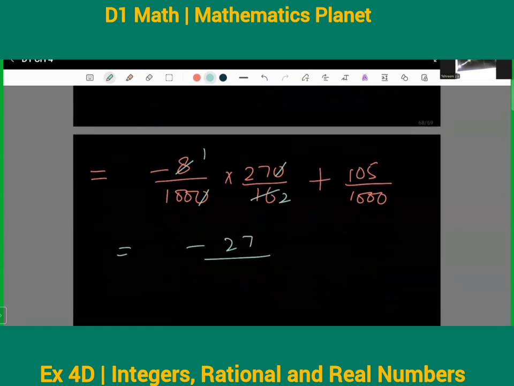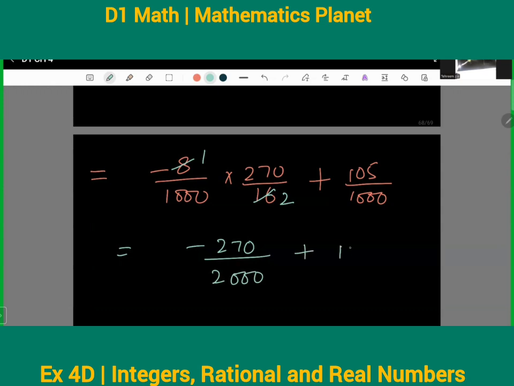Let's suppose we keep it 1000 for ease, but we do have 16 over here. 8 times 2 is 16. So we can write minus 270 divided by 2000 plus 105 divided by 1000.